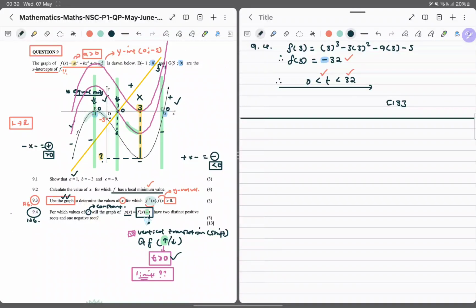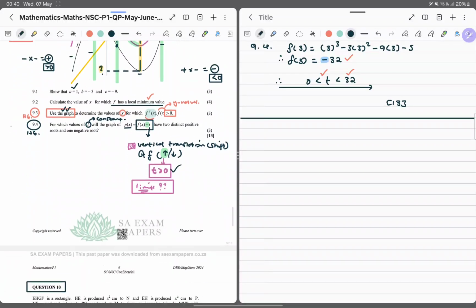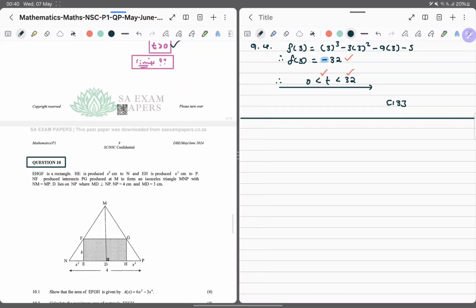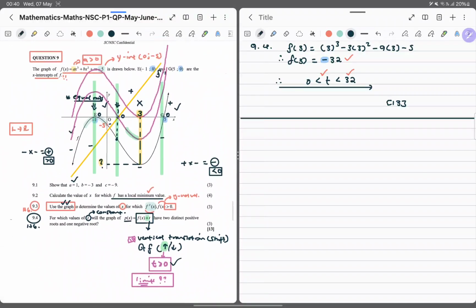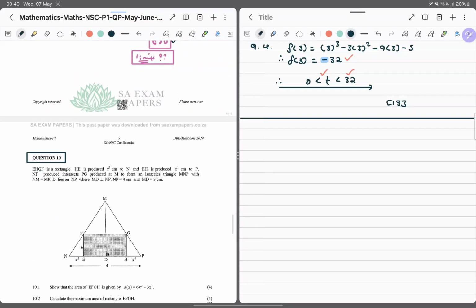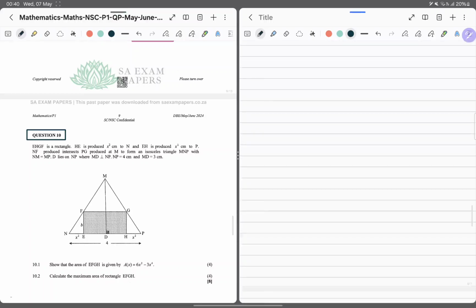If this was a parabola, we could do it algebraically, but it's not a parabola. I also don't know much. Anyway, guys, I don't know why I'm so obsessed with this question all of a sudden, but yeah. Let's get to question 10. I think that's fair.